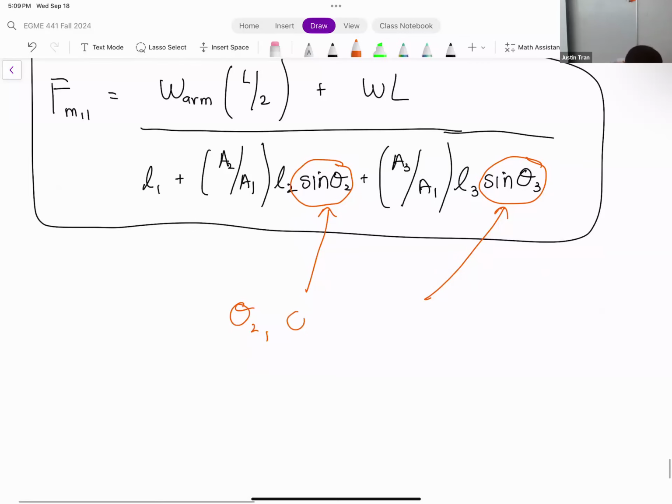Theta 2 and theta 3 here are known as the attachment angles. When your muscle attaches to one of your bones, your muscle attaches to your tendon, which attaches to the bone, that tendon is always going to attach to the bone at a certain angle. That's what these angles are.